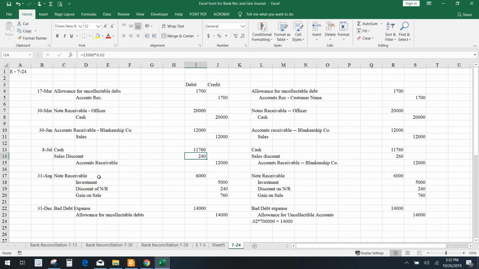And then this one you have to know that the discount on notes receivable is equal to the discount rate multiplied times the amount multiplied times the number of months that the discount is applicable. So I hope this helps, guys, and good luck on your test.